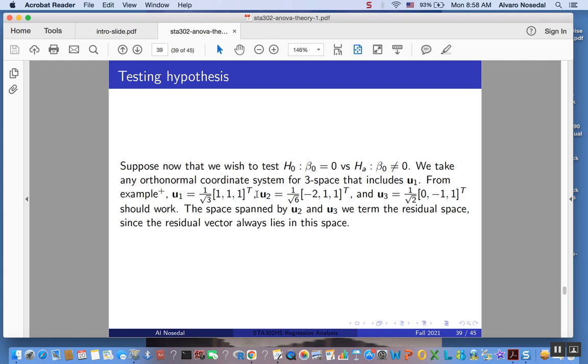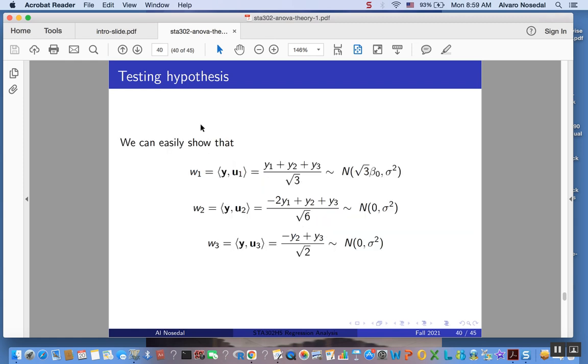Inner product between y and u2 gives you the second coefficient of that decomposition, and finally the inner product between y and u3 gives you the last coefficient of that decomposition. Okay, so that's what we have here. We're just finding that weight, that coefficient for that decomposition.